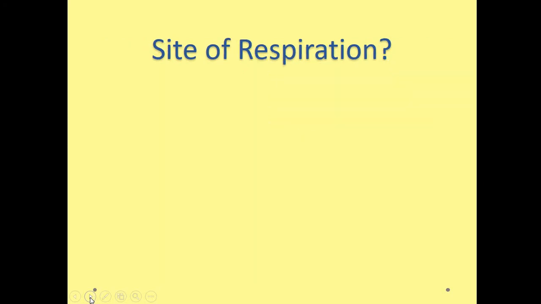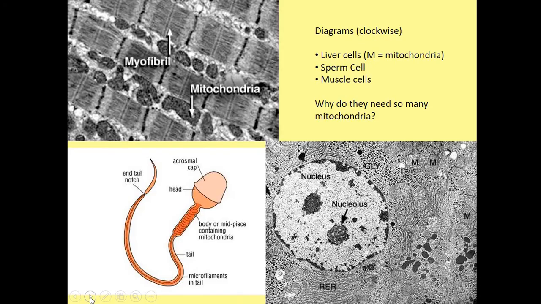So let's remind ourselves then, in terms of cell biology, the site of respiration. Pause the video now, see if you can recall that. And of course, we know that the site of respiration is indeed the mitochondria, and we can look at evidence for this by looking at cells that have lots of mitochondria.